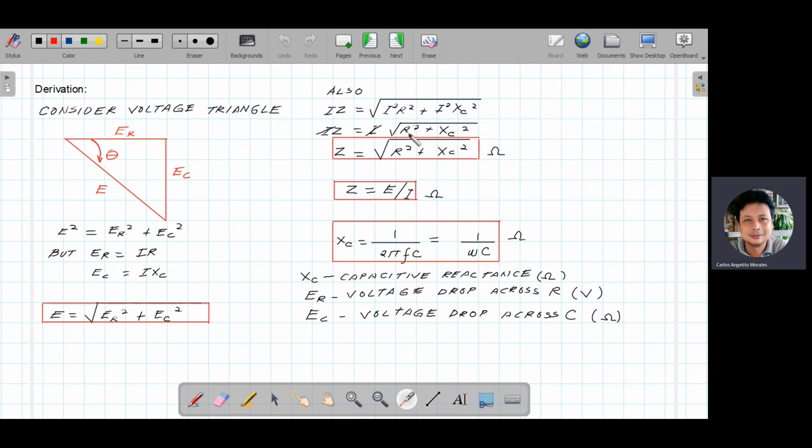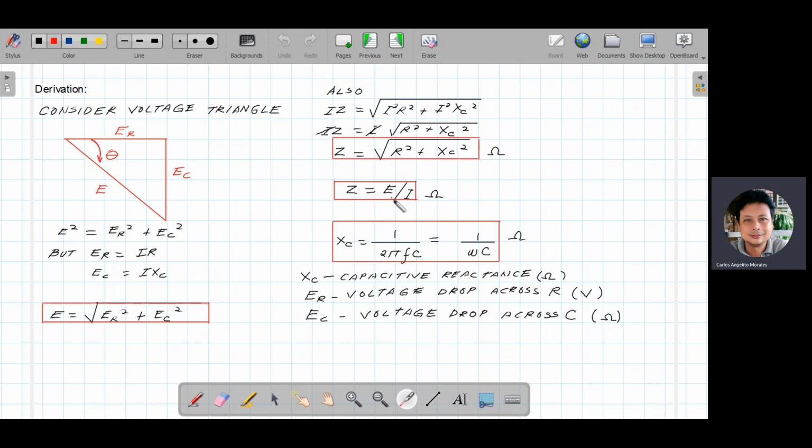Eh, syempre, hindi mo naman makukuha yung square root nito dahil mga literal values. So, kunin mo yung square root ng I squared, I na lang siya, mawawala yung square root niya. Pwede mo na ngayon i-cancel ito. Kaya matitira, impedance is equals to the square root of R squared plus XC squared in ohms.